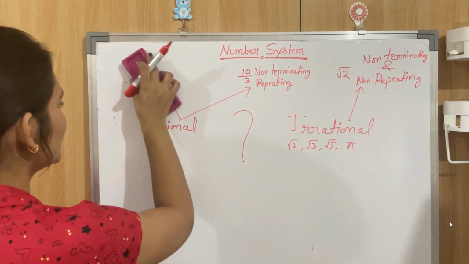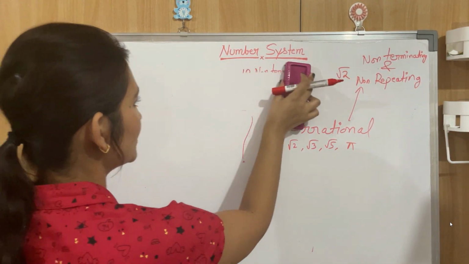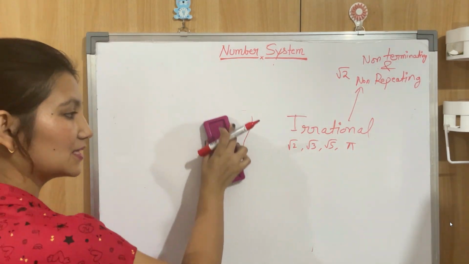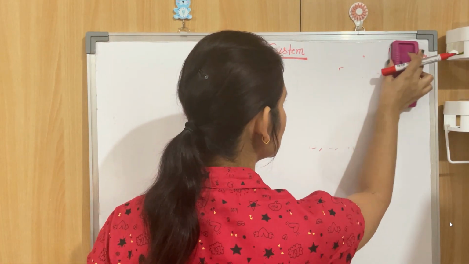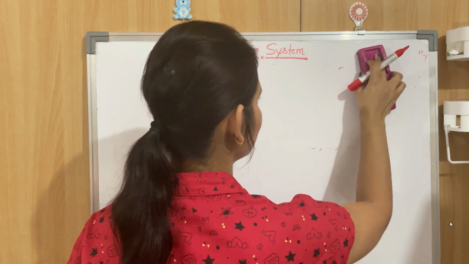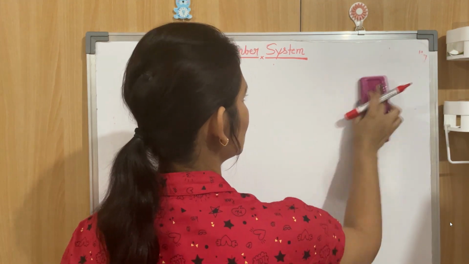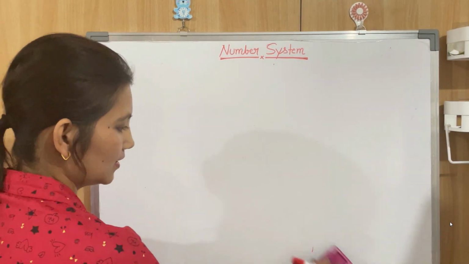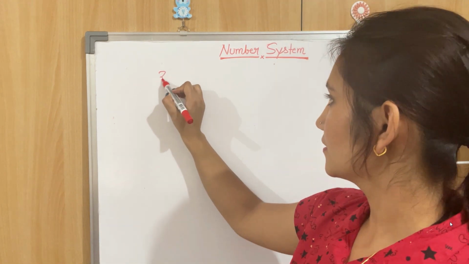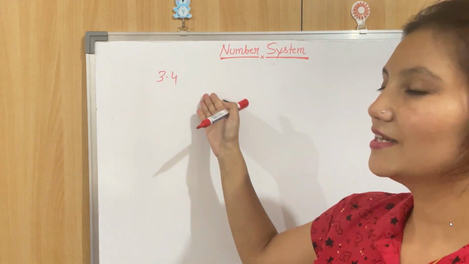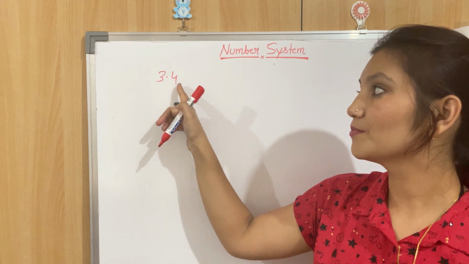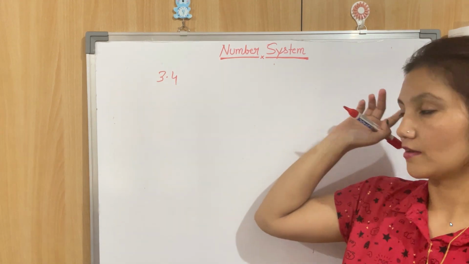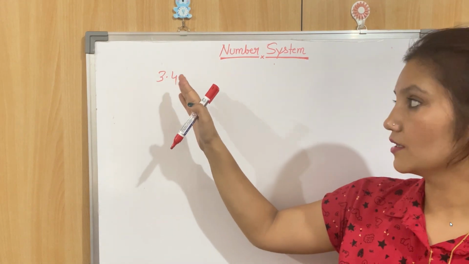So now we'll take some questions so that this particular concept, decimal expansion of real numbers, becomes easy for you to understand, or we are just seeing the application of it. Okay, so let's take some examples. 3.4, what kind of number is it? You see, it's only 3.4. It's not going on and on. So how do you know it's not terminating?